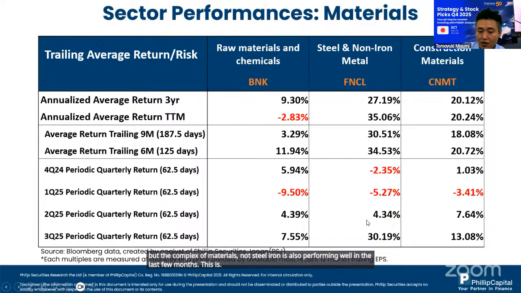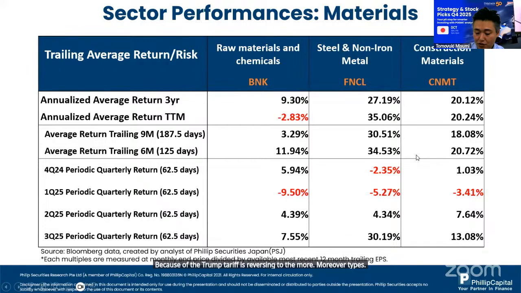This is fairly rising because the Trump tariff is reversing to lower tariffs than planned in the first quarter of 2025. So construction is also rising because of the shortage of raw materials for construction.